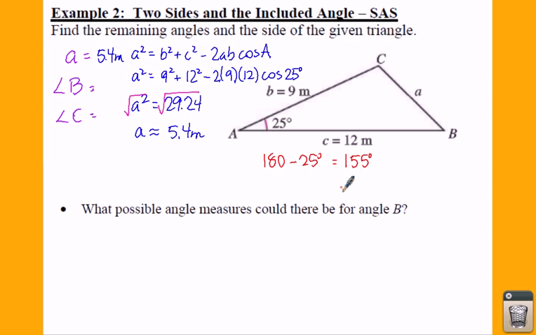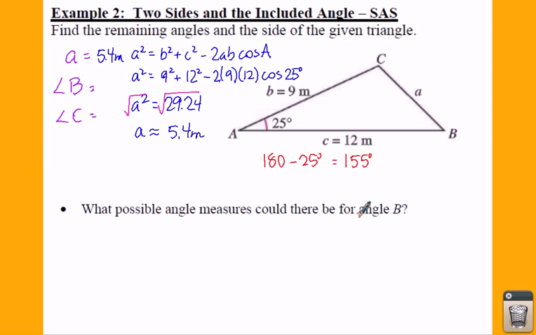You could have an obtuse and an acute angle. That could be two acute angles, maybe 70 and 85, or other possibilities. So you actually have two possible answers for angle B, and we're going to find angle B first.